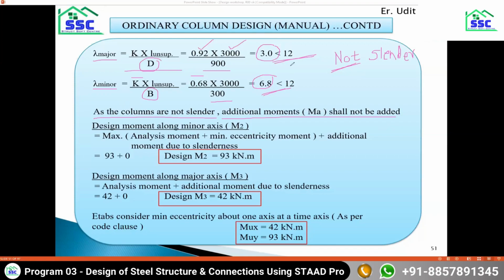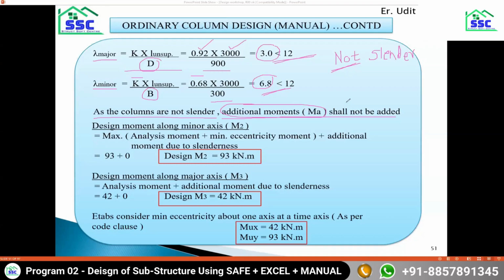But I think all of you know these terms, that slenderness ratio is less than 12, hence our column is not slender, and so we will not add additional moments to our analysis moment in order to find out the design moments, right?